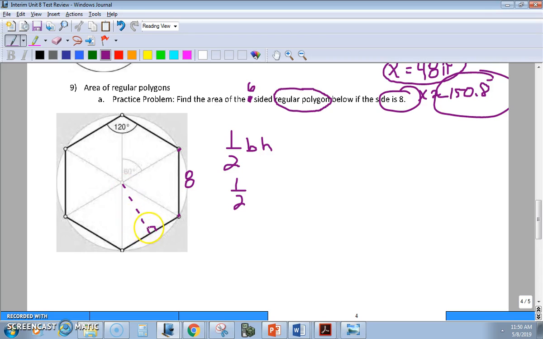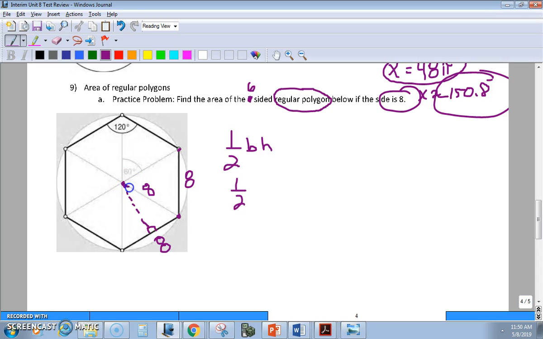In the question on the test, they actually give you the side length of one of these sides, and in this particular case, it's going to be 8 because these are all 60-degree angles, which makes these equilateral triangles. But bear with me, because on the test, you won't be able to just figure that out, you still need to find the height, which is what we're going to do now. So forget I just said that.